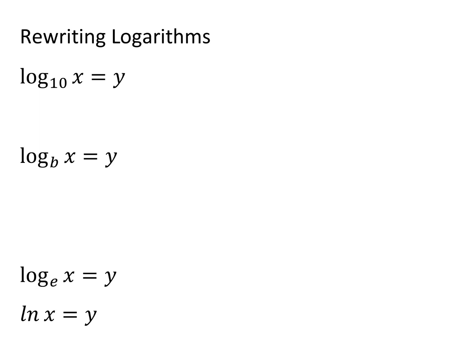Below it says that we have the log base 10 of x is equal to y. If we're going to rewrite this as an exponential, the base of the logarithm is also the base of the exponential. So we have a 10, so I'm going to write 10. Then the y value is going to be the actual exponent, and then it's going to equal x.